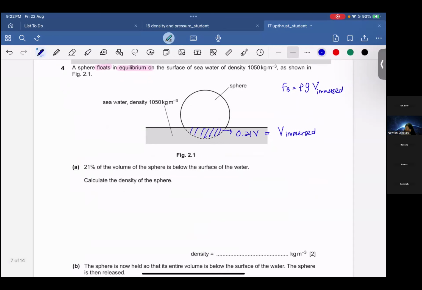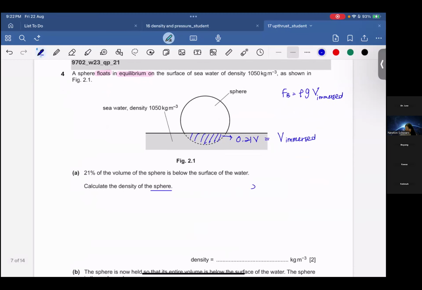Okay, here. Can you calculate the density of the sphere? So here, density we know is mass divided by volume. Okay, volume. We want to know the volume. We can relate it with buoyant force, right? Buoyant force has rho g V volume. But then buoyant force here, because it's floating, should be equal to the weight.